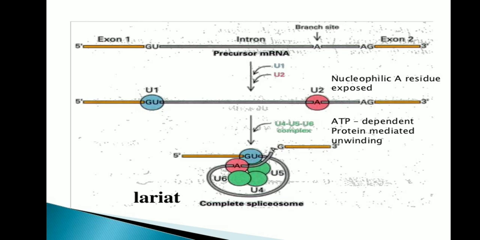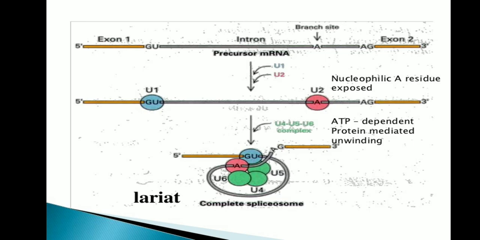This branch point sequence upstream of the 3 prime end of the introns is very important, right? It has an OH group, and that oxygen has a lone pair of electrons, and it will cause a nucleophilic attack at the exon end, that is the GU end, which you can see here, right?